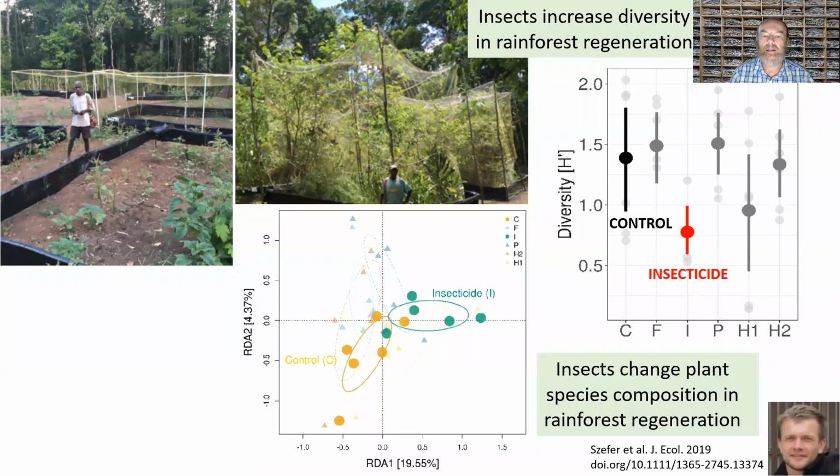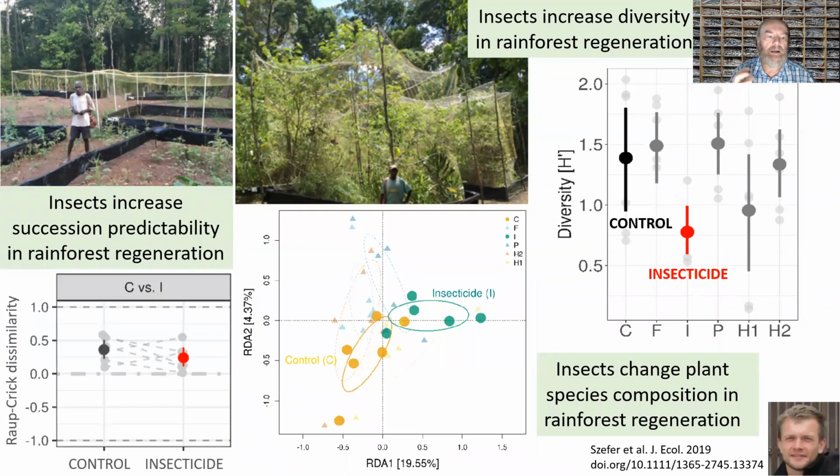And they also change the species composition of vegetation, unlike fungicides or exclusion of predators, which did not. And finally, they also improve the predictability of the course of succession.